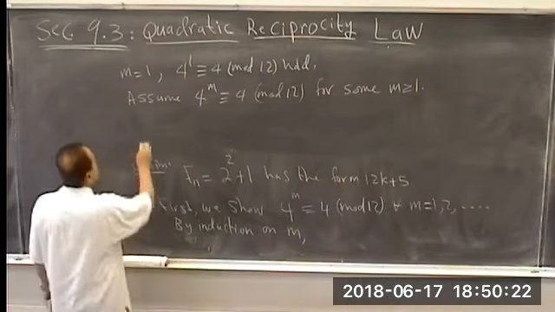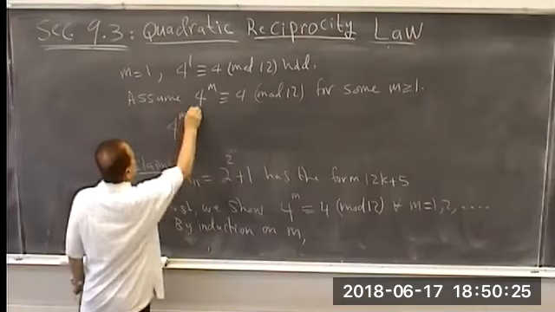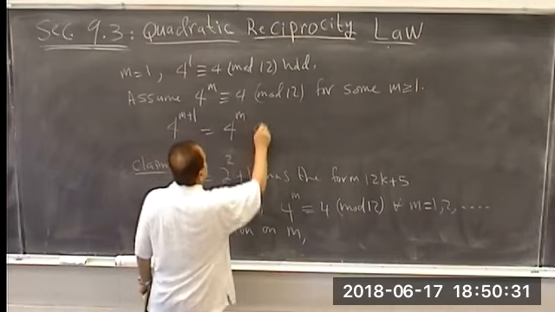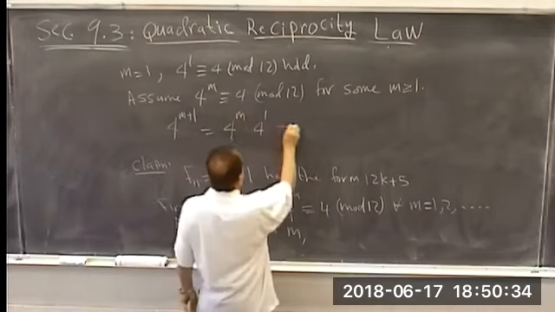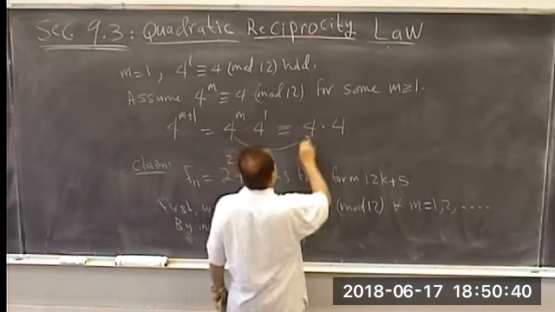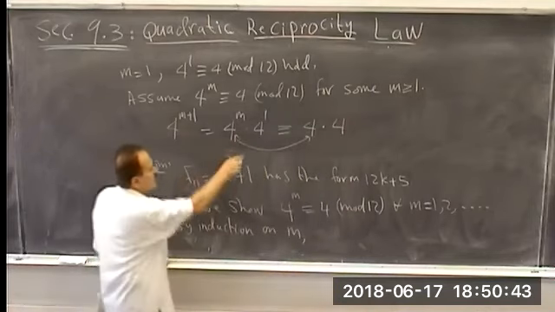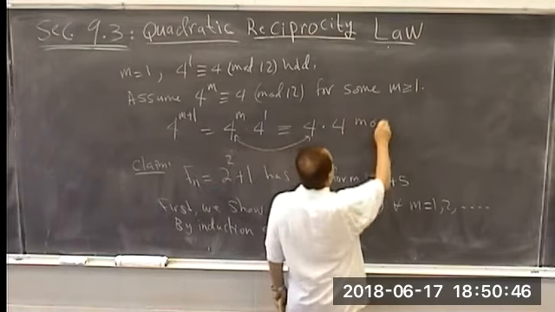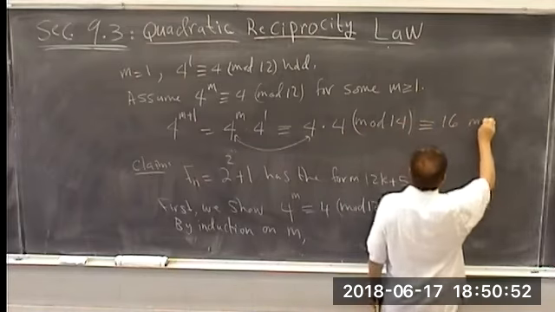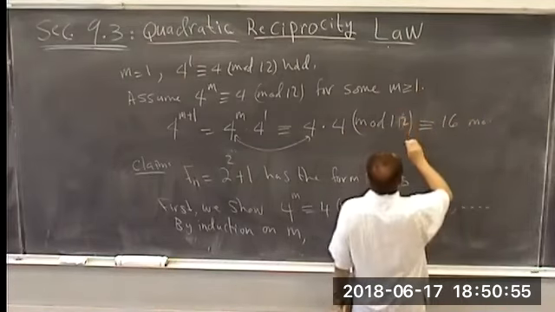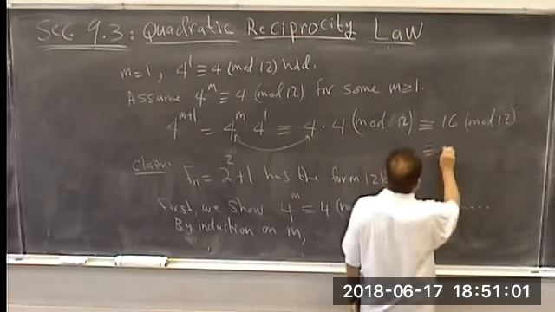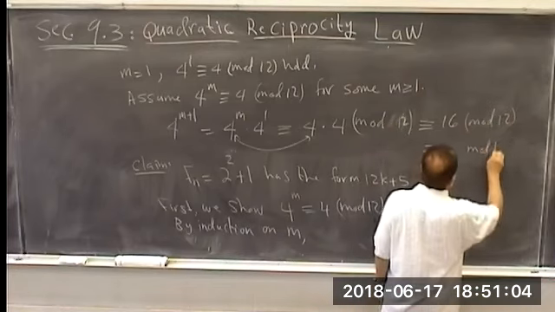And let's consider 4 to the m plus 1. Well, this is equal to 4 to the m multiplied by 4 to the 1. But 4 to the m is congruent to 4, and then the other 4, so this is congruent to 16 mod 12. And once again, this is congruent to 4 mod 12. So yes, it does hold.